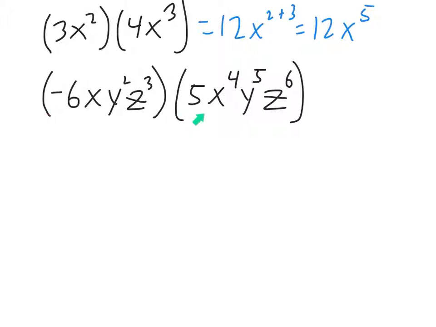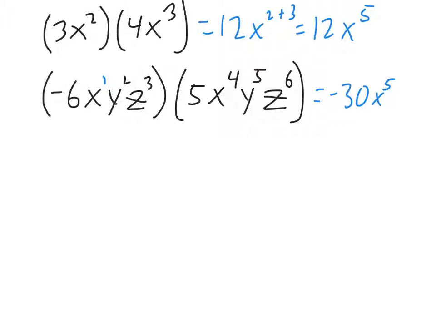Negative 6 times 5 will give us negative 30. Then x times x to the 4th. One thing to note, if you have just x by itself, it's always to the first power. So x to the 1. So 1 plus 4 is 5. So that'll give us x to the 5th.